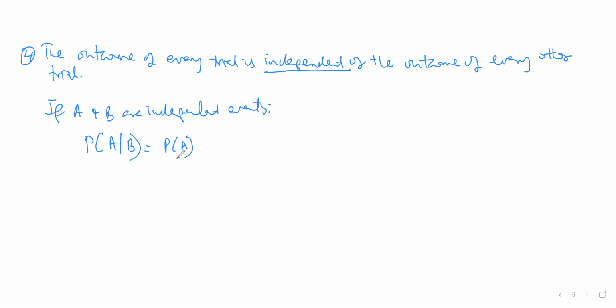If we know that B has already occurred, then what's the probability of A? But the right-hand side says it is equal to the probability of A, whether B has occurred or not.